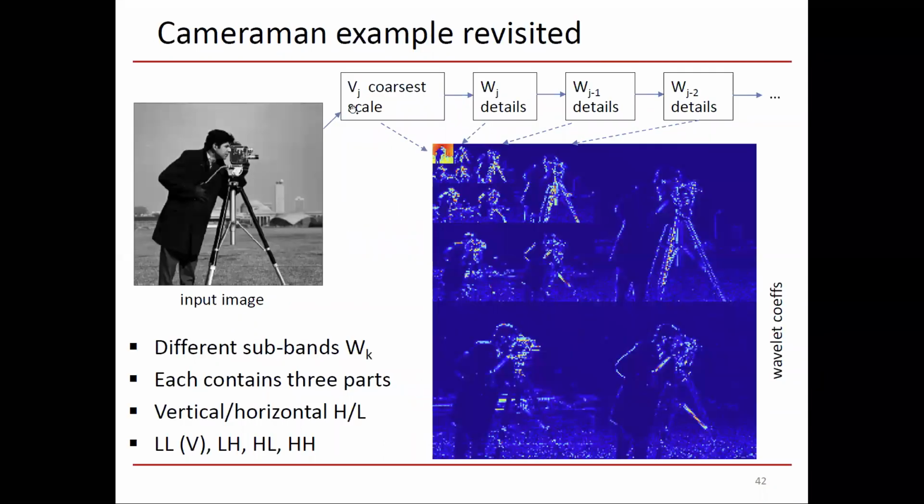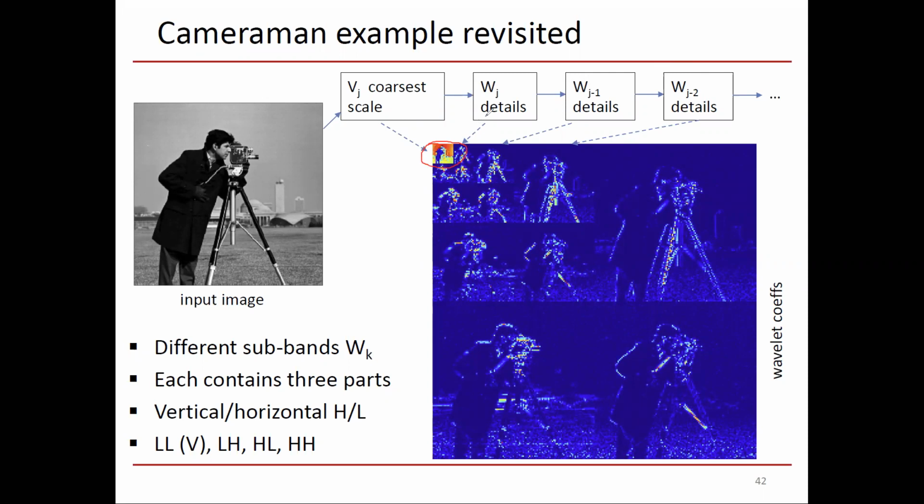So let's revisit an example of this cameraman image that we've seen before. The input image, we're looking at its wavelet decomposition. And at the coarsest scale, Vj, we have these bright colored coefficients.